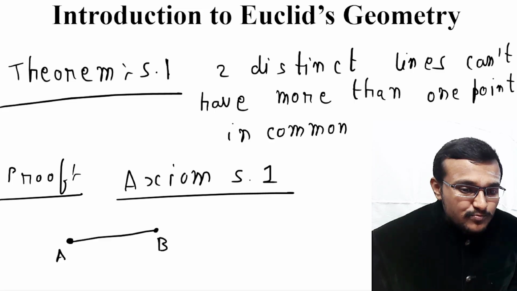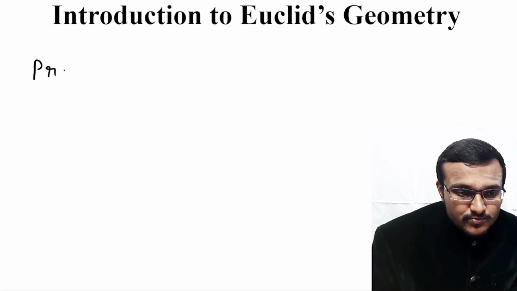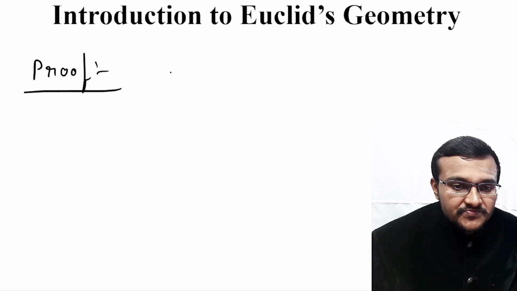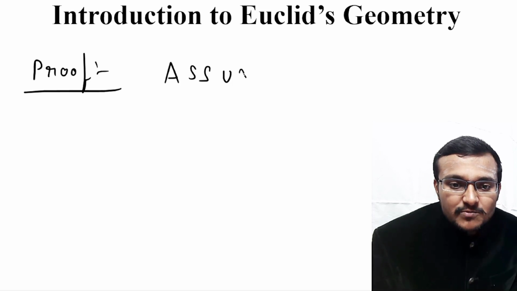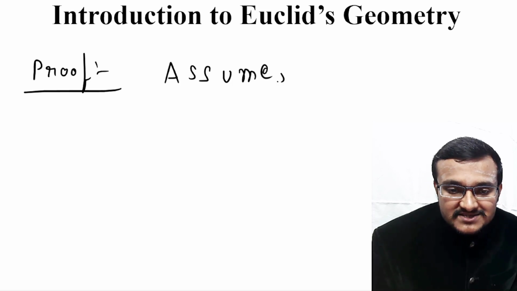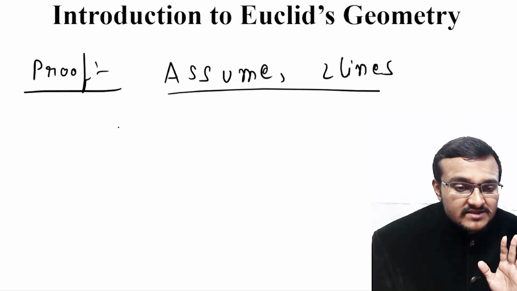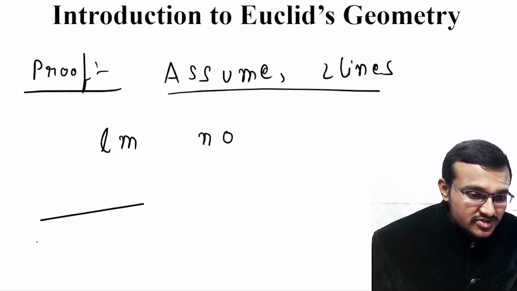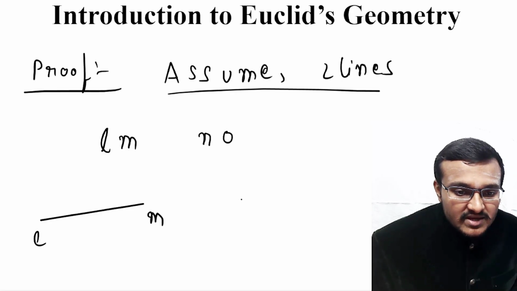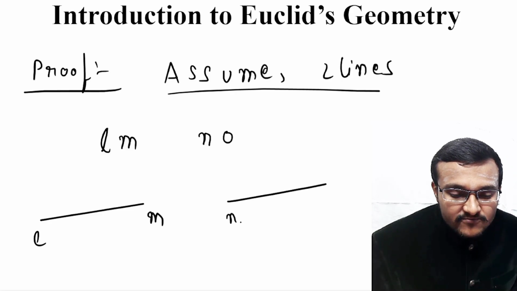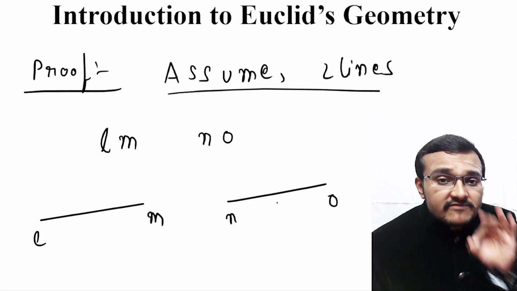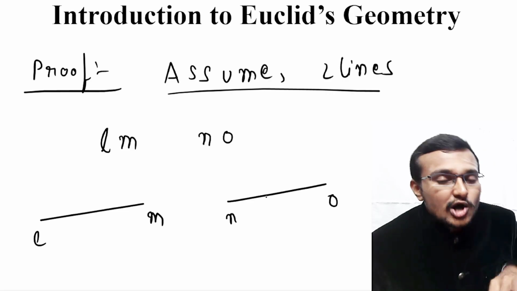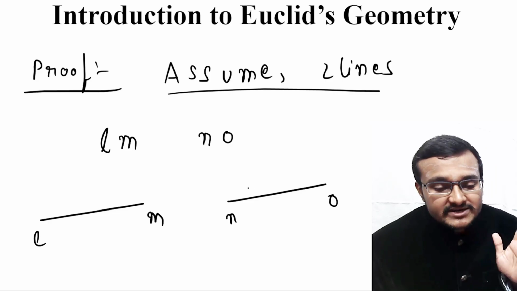Now, in order to prove this particular theorem, we will first assume the opposite. So let's assume two lines, one is LM and the other is NO. So this is line LM and the other line is line NO. Now we have to prove that these two lines will not have more than one common point.